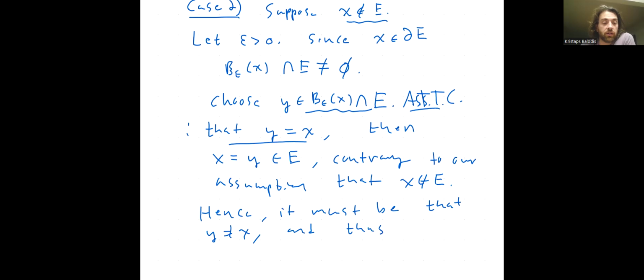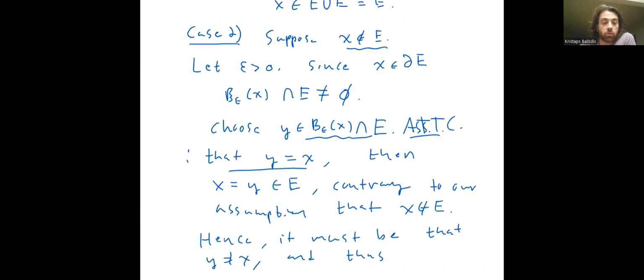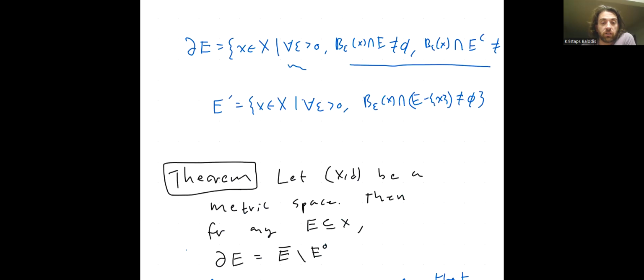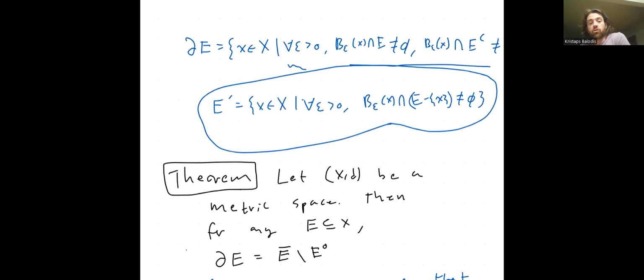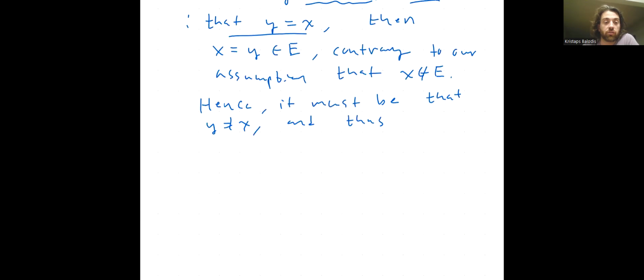Well, I can say that in fact I have the stronger statement. Remember, we're trying to say that x is a limit point, right? So the whole point of that little excursion there was to say that actually I could remove x from this set, right? Because I know that y itself is different from x.